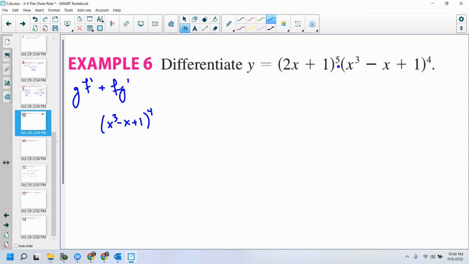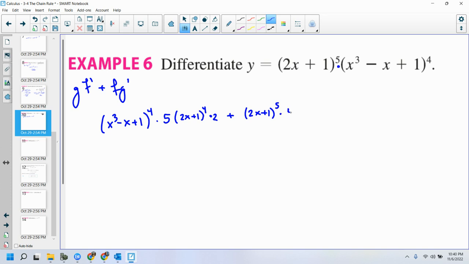Now, when we take f prime, that's going to be 5 times 2x plus 1 to the 4th times the derivative of 2x plus 1, which is 2. All of that plus f, 2x plus 1 to the 5th, times g prime.